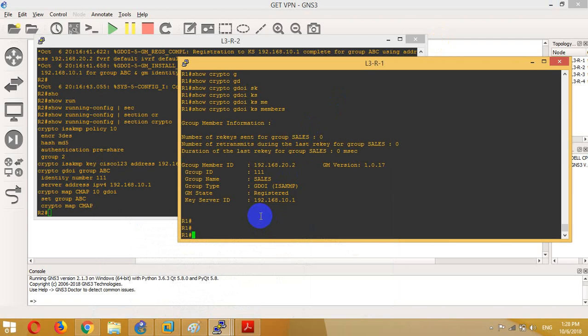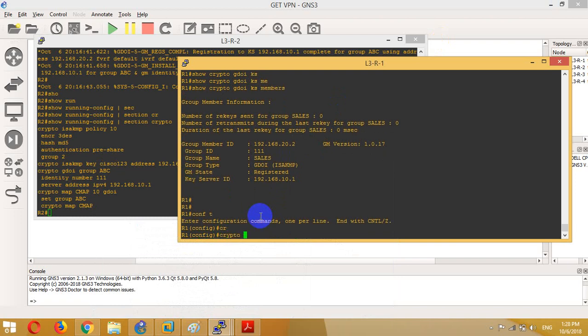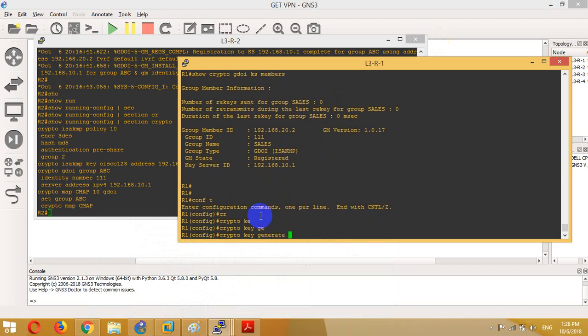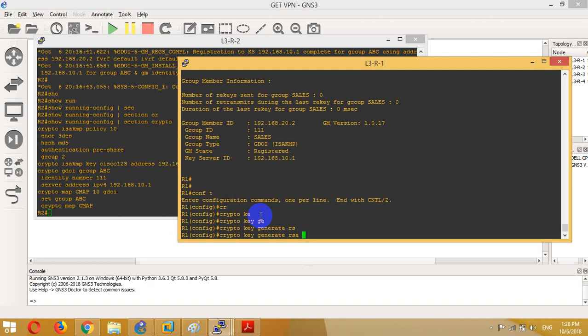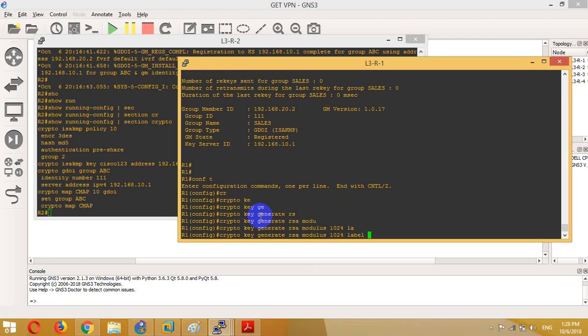I will say crypto key generate RSA modulus 1024. I will generate a key and give it a label.